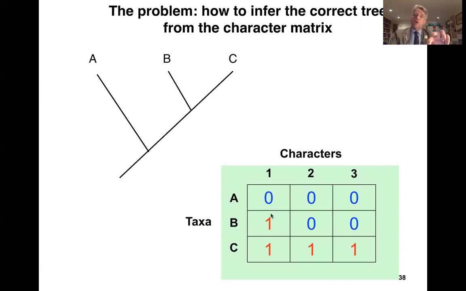All right, so these are called the character states. The whole column is the individual character. So characters and character states are in the columns. Species or taxa for which we're inferring the phylogeny are in the rows.